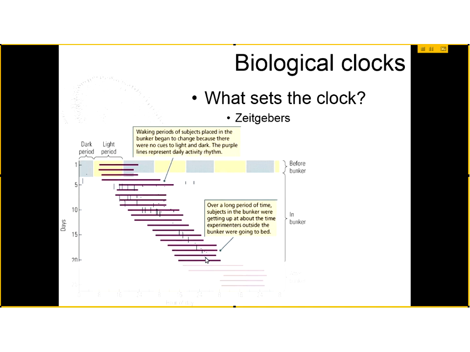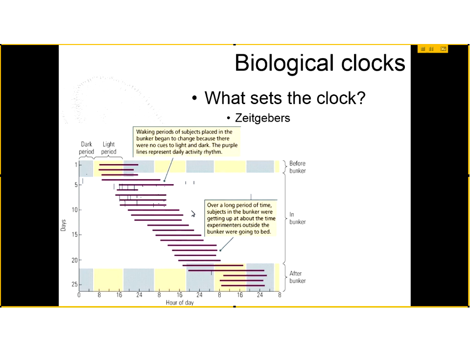Now, after they were returned back to a life where there were Zeitgebers, such as a clock or visual cues outside to indicate time, we see that their schedule normalized back here, and they began to exhibit the same kind of activity during light and dark portions of the cycle.